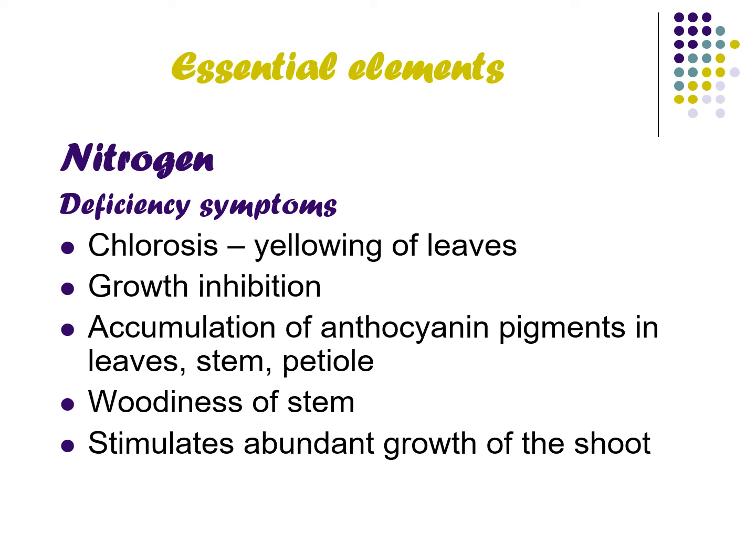Nitrogen serves as a constituent of many plant cell components, including amino acids and nucleic acids. Therefore, nitrogen deficiency rapidly inhibits plant growth. Auxin and cytokinin induce growth through stem elongation and cell division respectively.